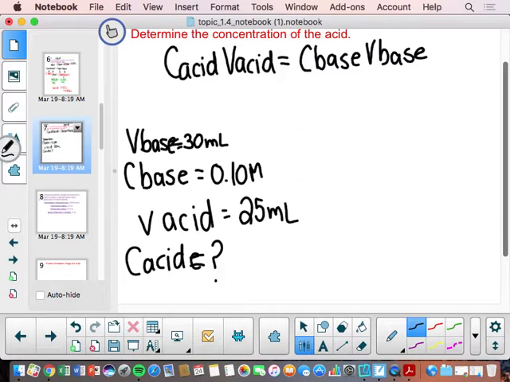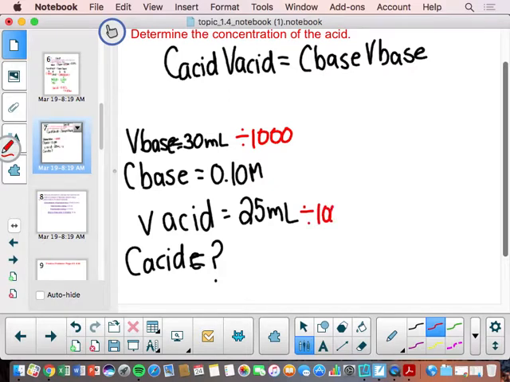Milliliters to liters. How do we do it? If you don't know, the best way to do it is take this number, 30, and always divide it by 1,000.